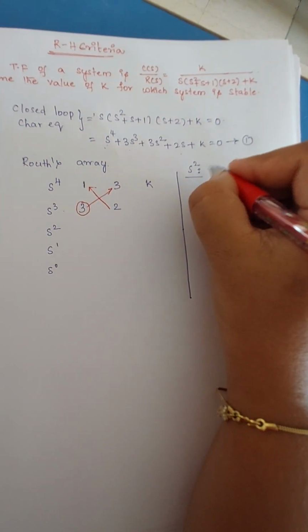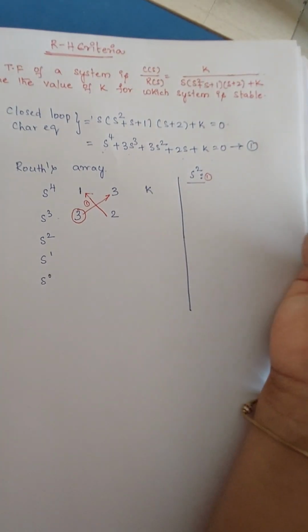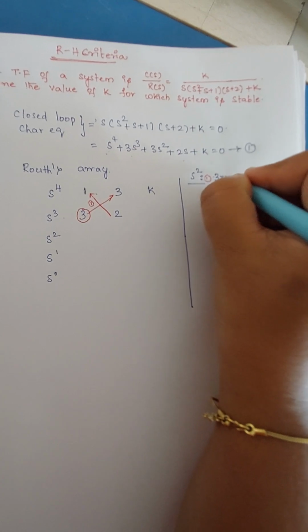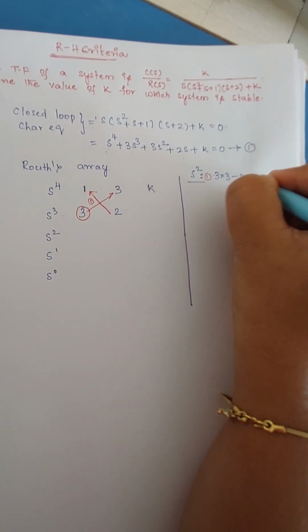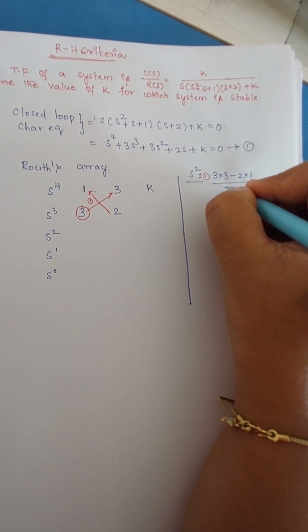So for the first element, we go with 3 into 3 minus 2 into 1, divided by 3.